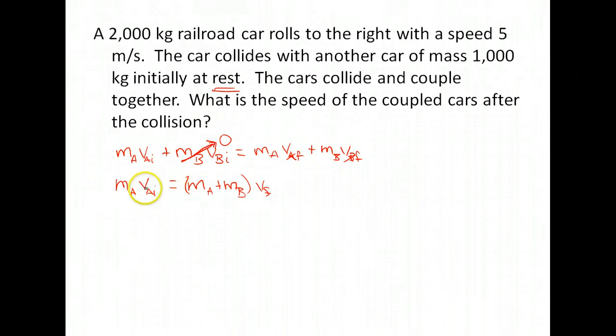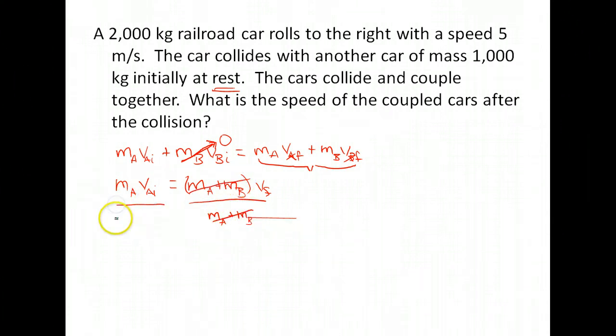And then on this side, I took object A and object B, and I put them together inside parentheses and factored out the final velocity, since they're going to have the same final velocity. That's going to help me figure out this final velocity, because then my last step here is just simply to divide out the sum of objects A and B, cancel that out, and move that over here.